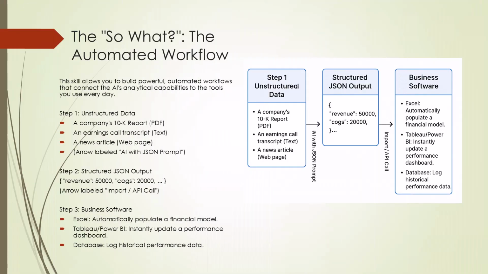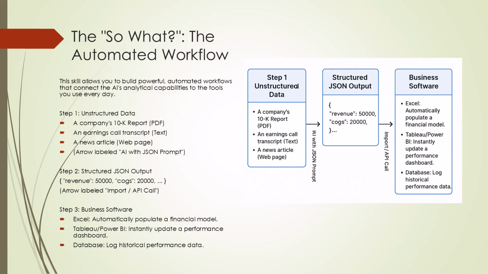So why is this skill so important? It allows you to build powerful, automated workflows that connect the AI's analytical capabilities to the tools you use every day. As you can see in this flowchart, you can start with unstructured data, like a company's 10K report in PDF format or an earnings call transcript. In step 1, you use an AI with a JSON prompt to turn that messy, unstructured data into a clean, structured JSON output.